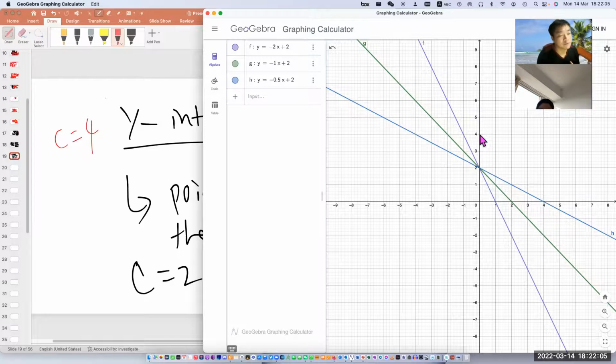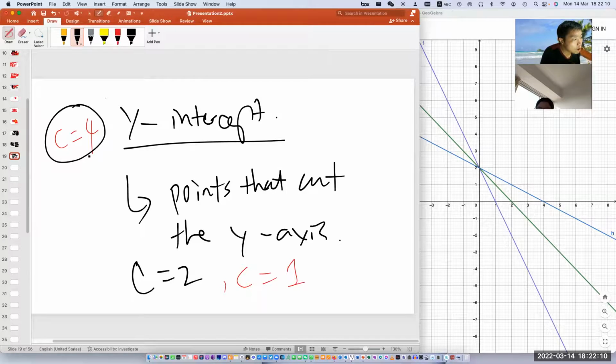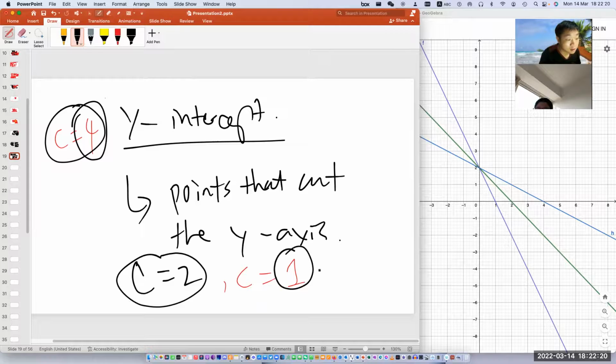So for the y-intercept, it is very clear cut. You give me c equals 4, I cut y at 4. Okay. You give me c equals 2, I cut y at 2. You give me c equals 1, I cut y at 1. Very simple for y-intercept.